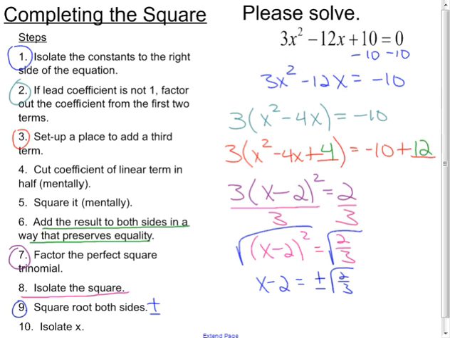Okay, now for those of you that have seen how to rationalize the denominator here, there's a little more work to do with that, depending on how your teacher's going to grade it. The square root of 2/3 is also the square root of 2 over the square root of 3.